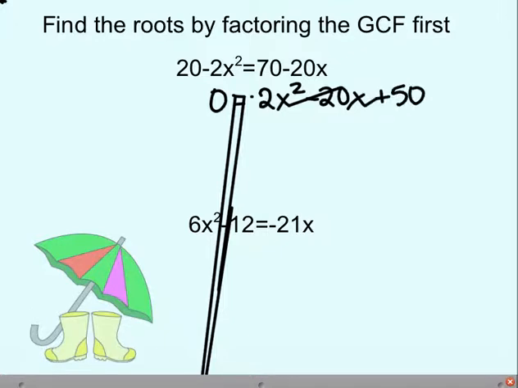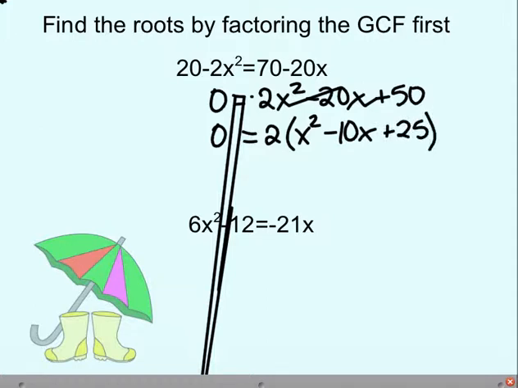Now, yes, we could go through our full method here of A, C, and B, or a good guess and check, but it's actually easier if we factor out that greatest common factor. So we see 0 is equal to 2 times x squared minus 10x plus 25. And then we realize this is actually one of our special products, because it is a perfect square trinomial.